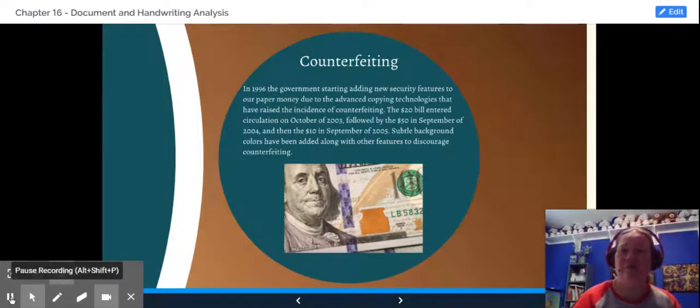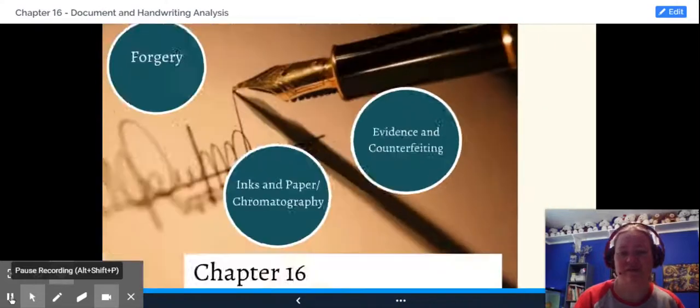All right, so paper money, the currency that we have, is not just paper, it's actually paper with red and blue fibers woven through it. That's what keeps it from falling apart if it gets washed. We have all these details that keep getting added to help counteract counterfeiting, like background color, shades, watermarks, and stuff like that.